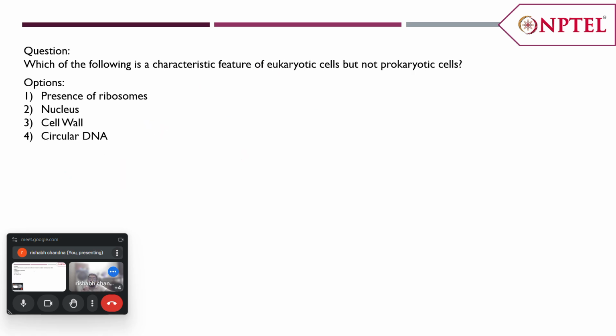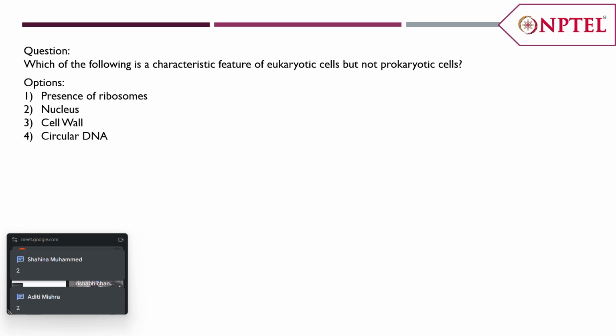Which of the following is a characteristic feature of eukaryotic cells but not prokaryotic cells? The presence of ribosomes, nucleus, cell wall, or circular DNA? Yes, the correct answer is nucleus.